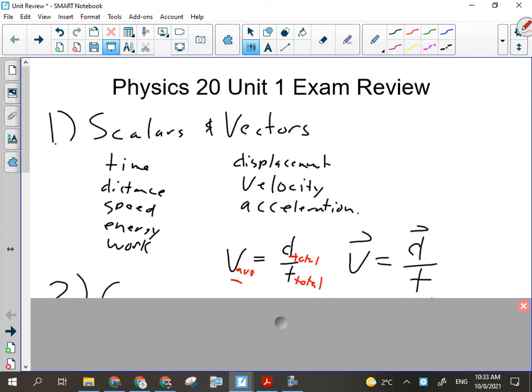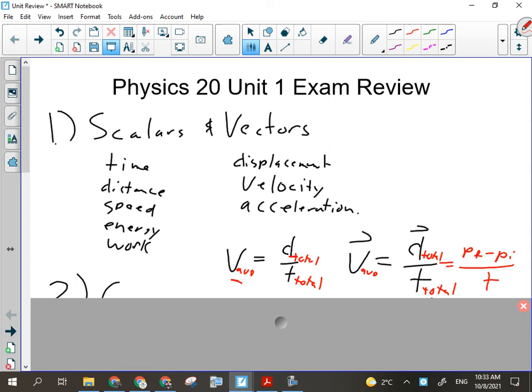And then for velocity, the v with the arrow over top, we're talking about displacement divided by time. If we're talking about average velocity, that could be our final position minus our initial position, or total displacement, divided by total time.